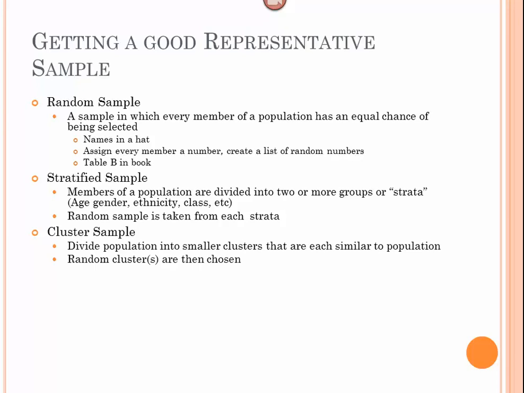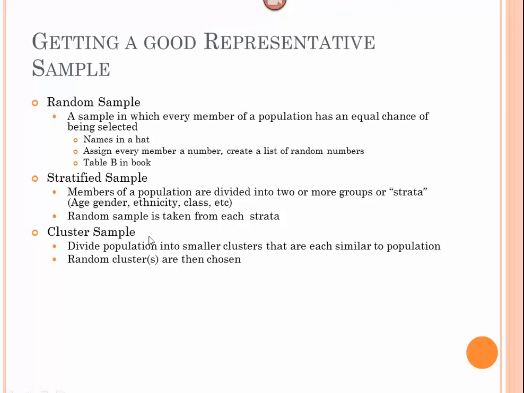So one of the things that distinguishes stratified from cluster is that once we've selected a cluster, everyone within that cluster is a part of the survey, or is a part of the poll. In a stratified situation, we've divided it up according to some sort of characteristic, and then we take small groups from each of those characteristic strata, right?